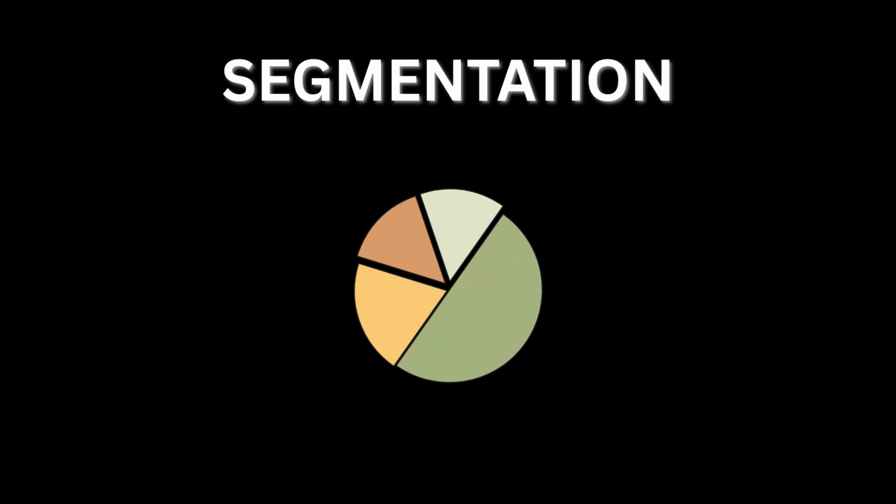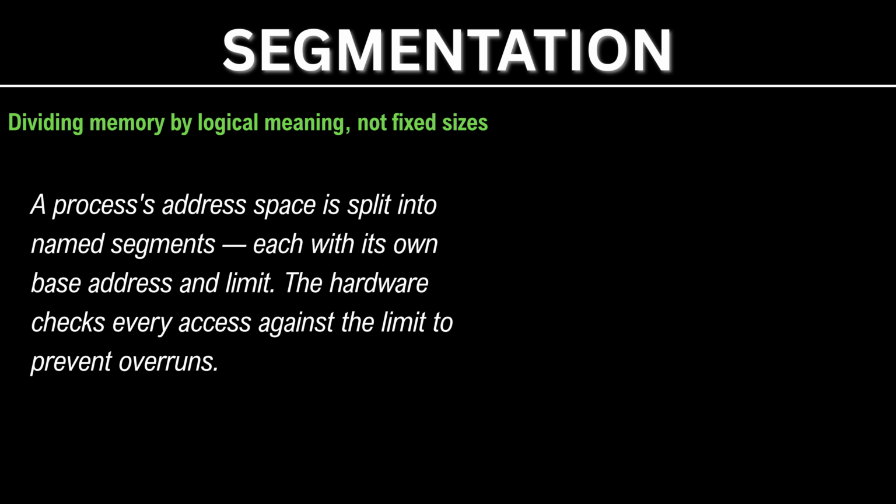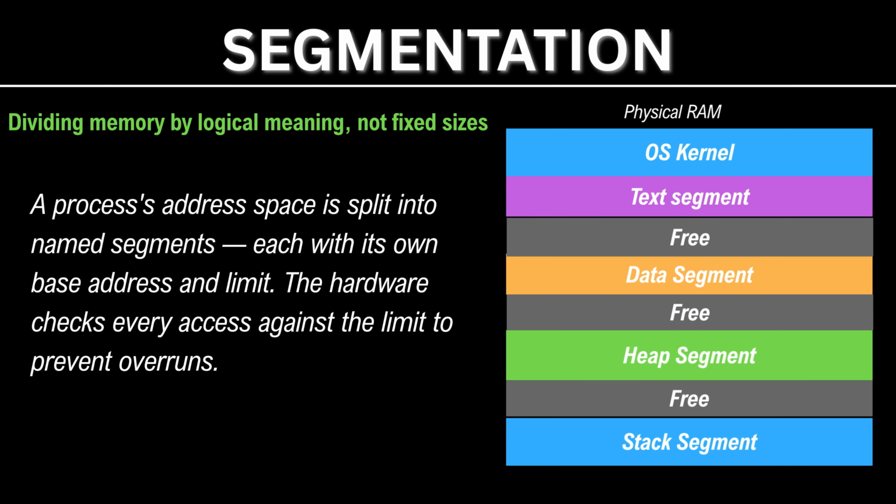Segmentation is a different approach to memory division. Instead of one contiguous block, a process's address space is split into named segments: text, data, heap, stack. Each segment has a base address where it starts in physical memory and a limit for how large it is.